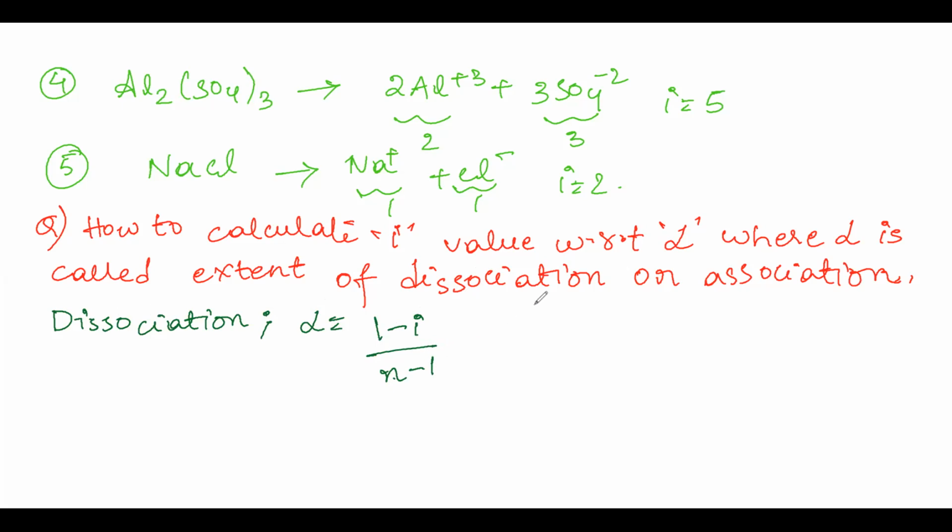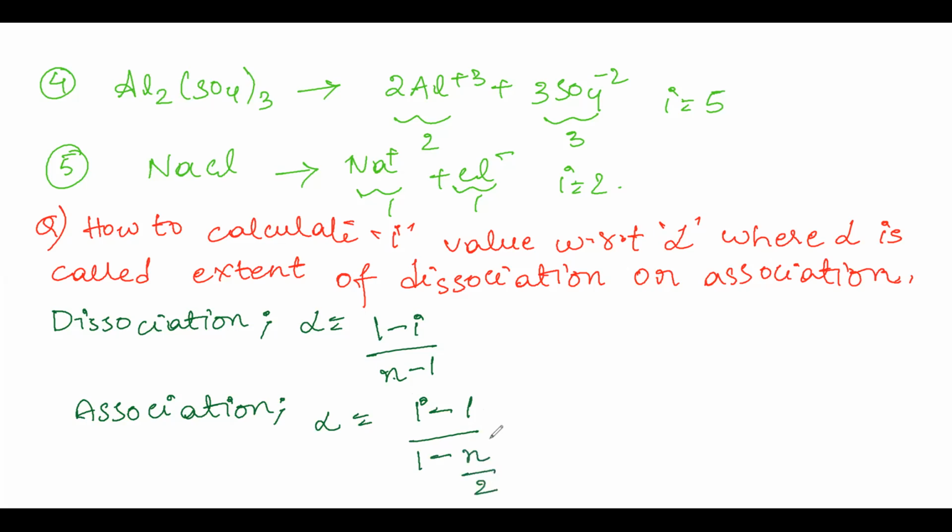In case of association, alpha is equal to (i minus 1) by (1 minus n by 2).